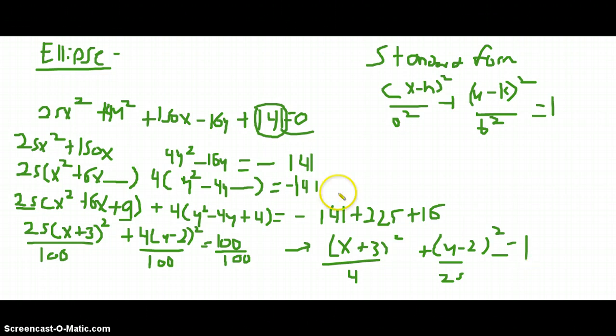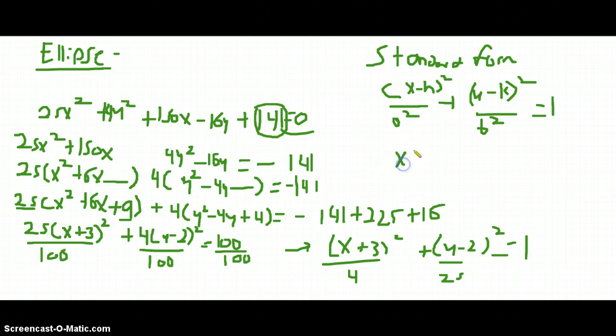So what we have to do over here is, since we got it all equal to this, there's still this factor of a squared and b squared. So we want to know what a is, so we take the square root of 4, which is 2. And then we want to know what b is, so we take the square root of 25, which is 5. So in the end, it ends up being exactly the form it should be.